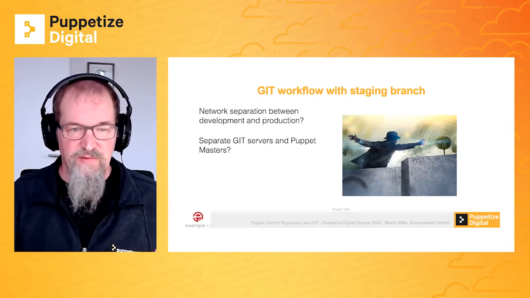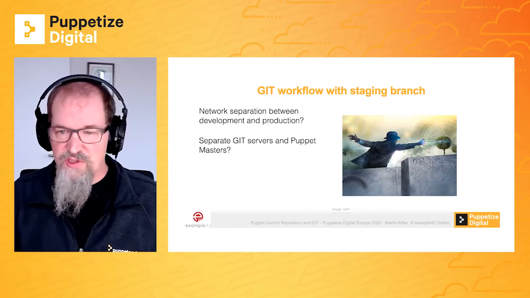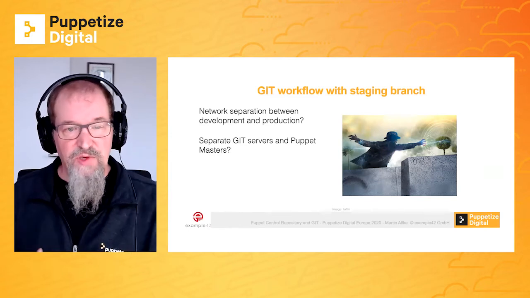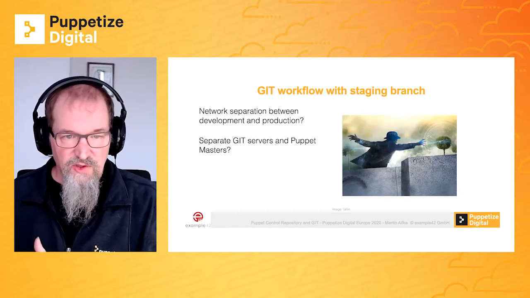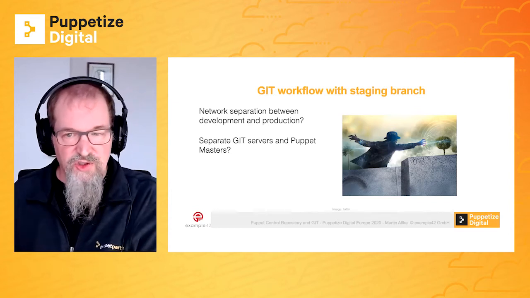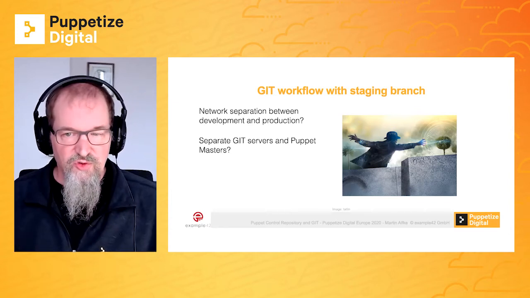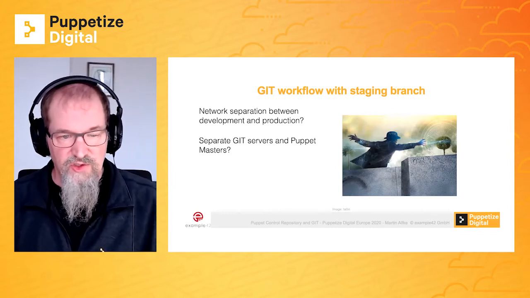This is an environment where we have more access, for example, via proxies to the internet. And we have the production network, which is a super tight, secure network. We have Git servers in our development network and in the production network. And now we must ensure that the code gets staged from the development network into the production network.